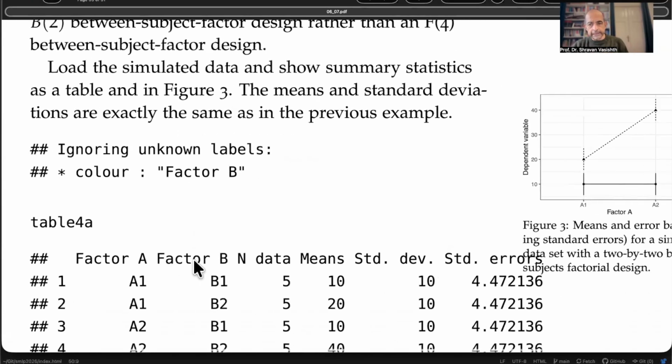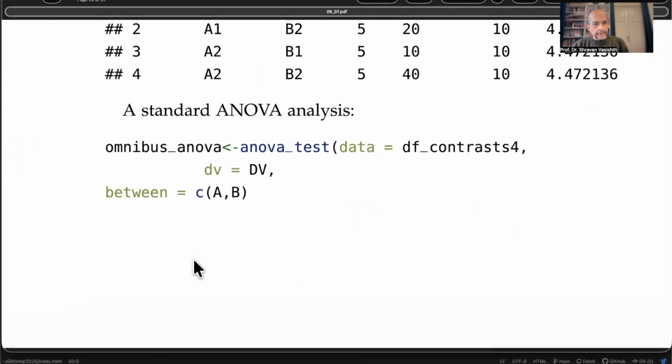This is also simulated data, and we could do an omnibus ANOVA, where we take the data frame, define the dependent variable, say what the between subjects factors are. Notice in this chapter we are only talking about between subjects, but the logic holds for within subjects too, right?